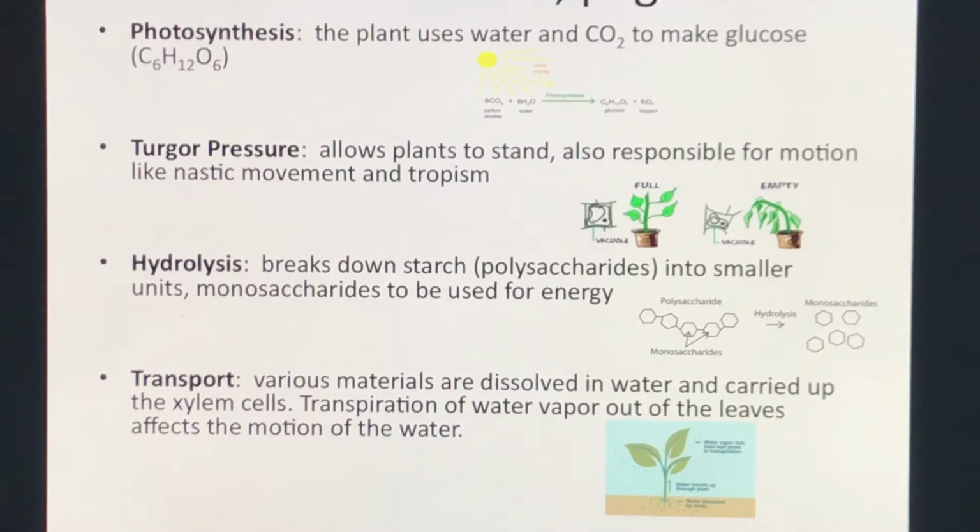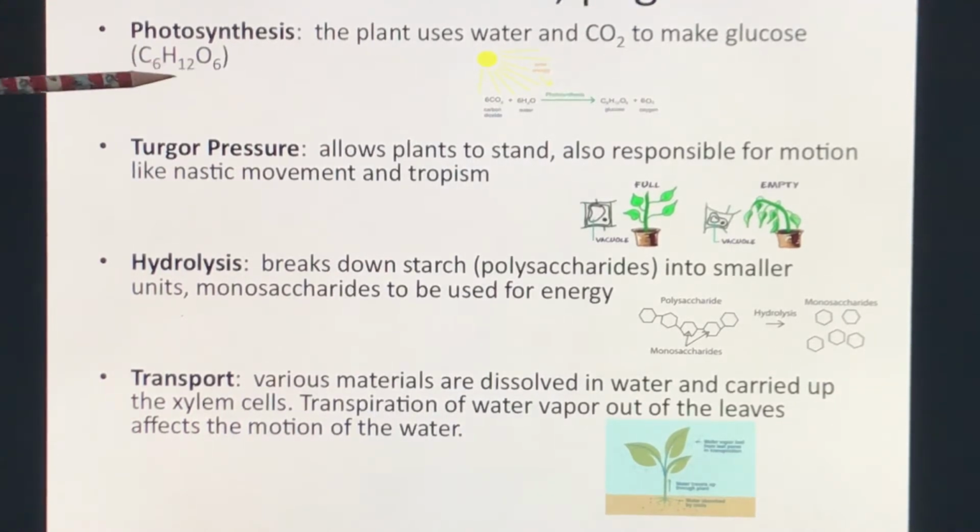Water is required for a number of different processes in plants. The first being photosynthesis, where the plant uses water and carbon dioxide to make glucose. You probably remember this molecule, the C6H12O6. So water is essential for that.